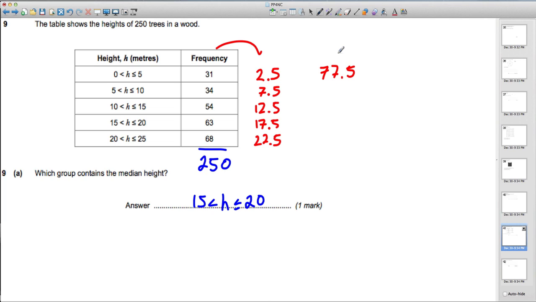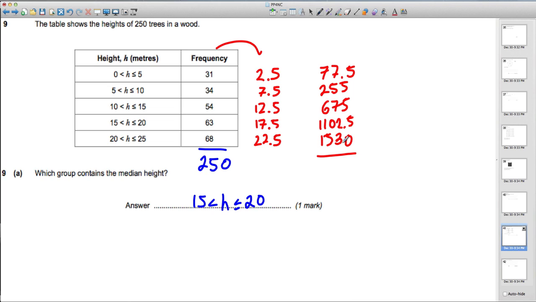So 34 times 7.5, 255. 54 times 12.5, 675. 63 times 17.5, 1102.5. 68 times 22.5 is 1530.